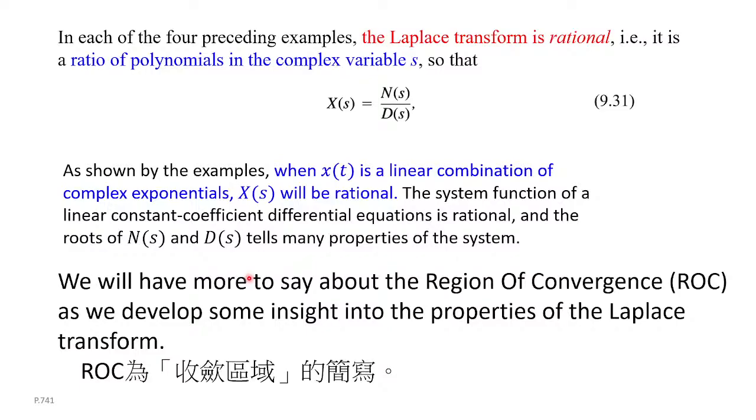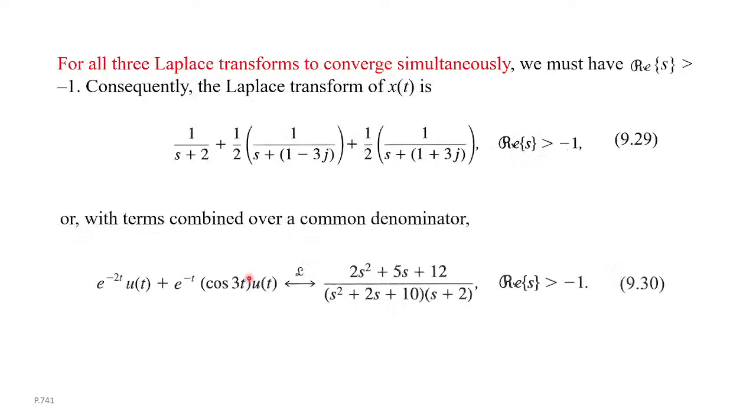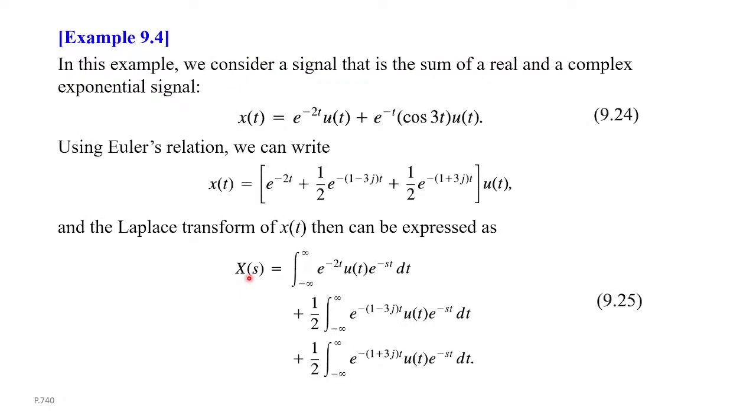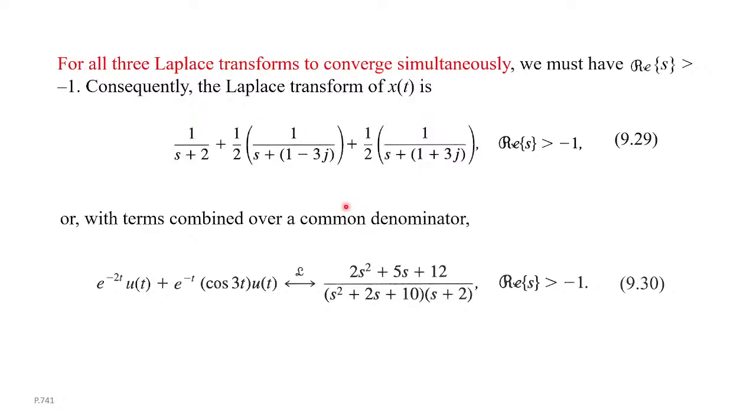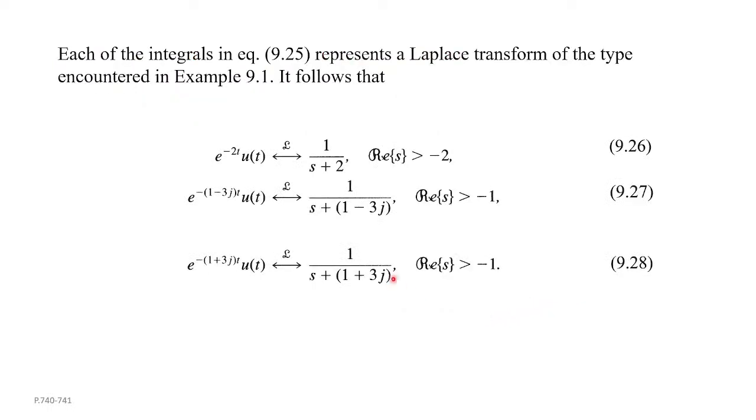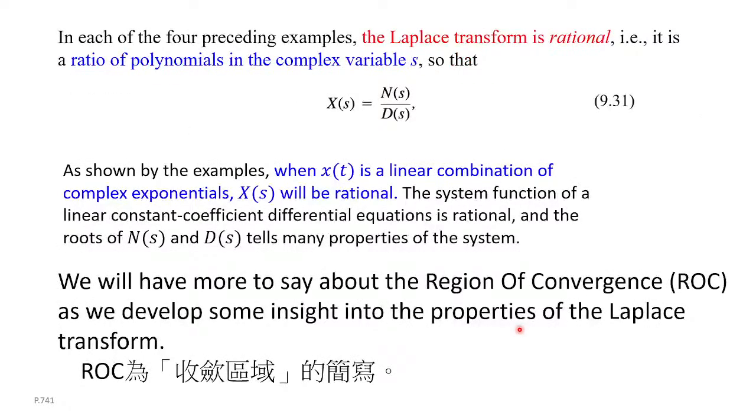Okay, so any question for this example? So the linear combination of complex exponentials and their Laplace transforms are rational functions, with the ROC being the intersection of all the ROCs here. No question? Okay, then let's keep going.